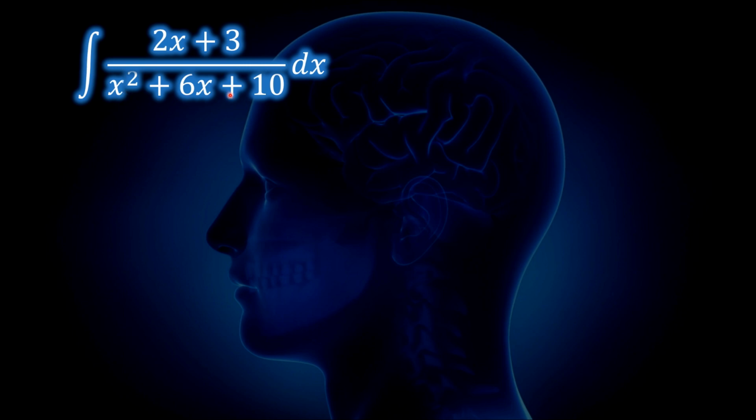The derivative of the bottom would be 2x plus 6, and I've got 2x plus 3. So here's what I'm going to do. I'm going to split up my integral in the most adorable way. I'm going to rewrite the top as 2x plus 6, the derivative of the bottom, minus 3. 6 minus 3 is 3, so I wouldn't be changing the expression.